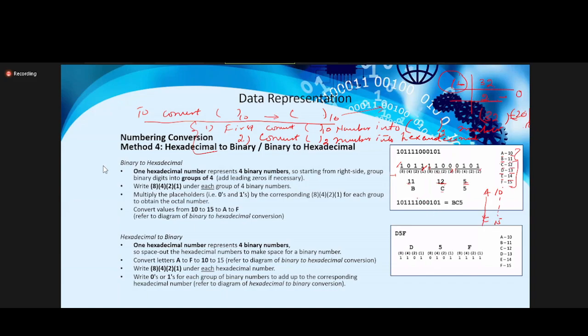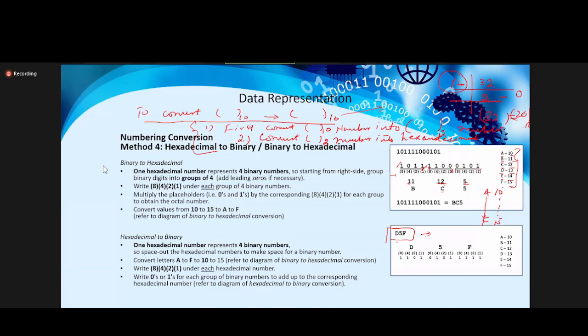So this is how you can convert from decimal to hexa or vice versa. Vice versa in the sense that you have a hexadecimal number, and you need to convert it into its binary equivalent.